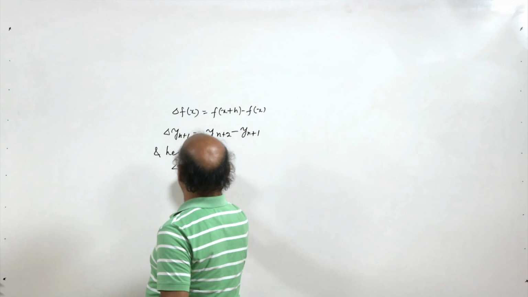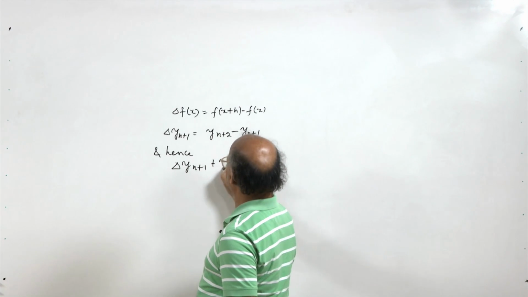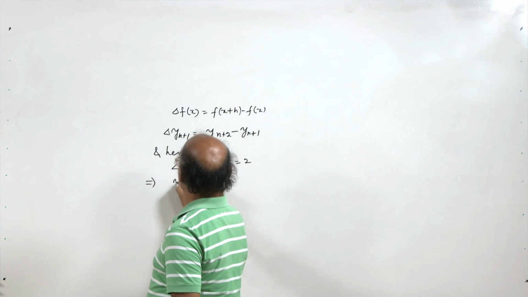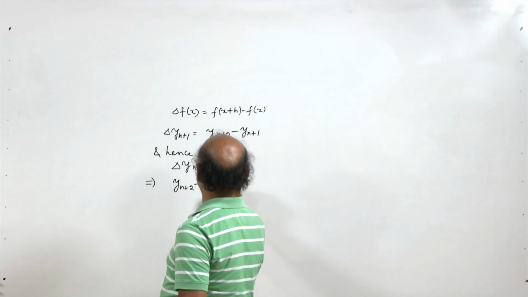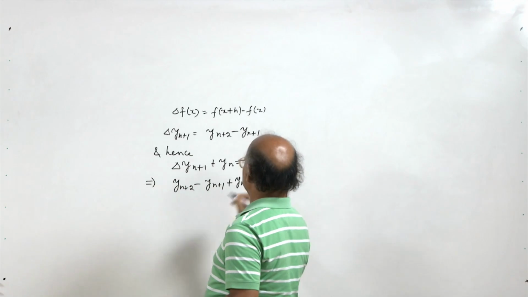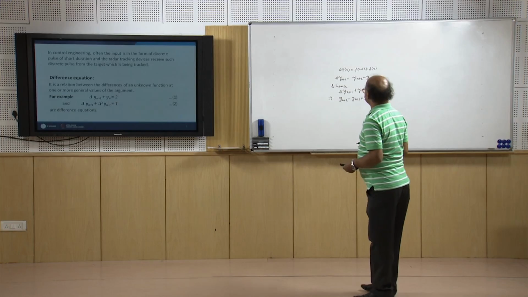Δy(n+1) + y(n) = 2 gives us y(n+2) - y(n+1) + y(n) = 2. So alternately, difference equation 1 can be expressed like this.